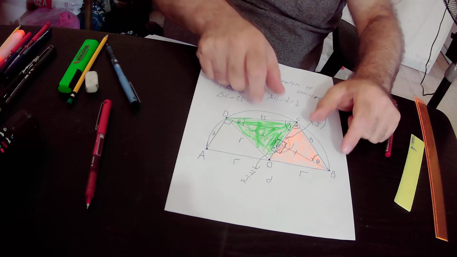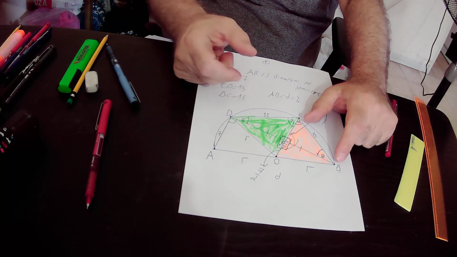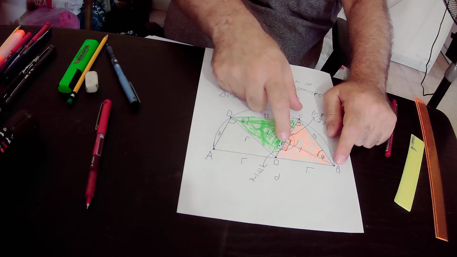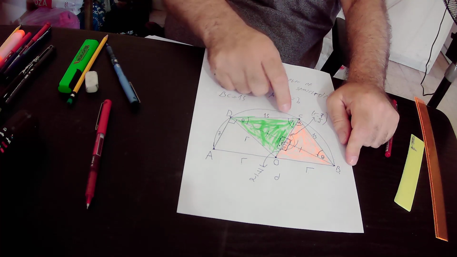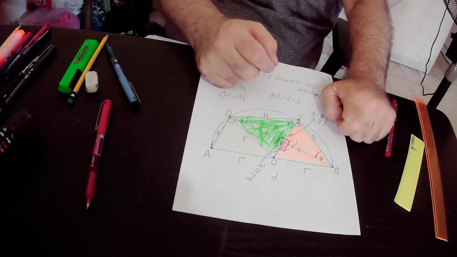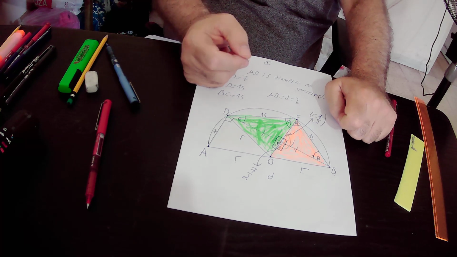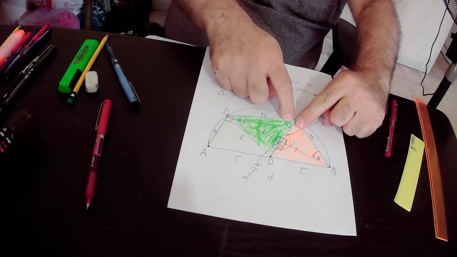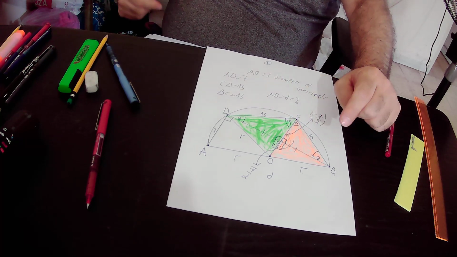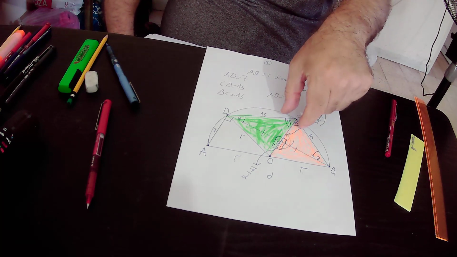Those two sides are equal to 15 units in size. EC equals EC, it is a common side of those two triangles. And we also have those two angles that are equal to each other. Angle DCE equals angle ECB, equal to alpha.